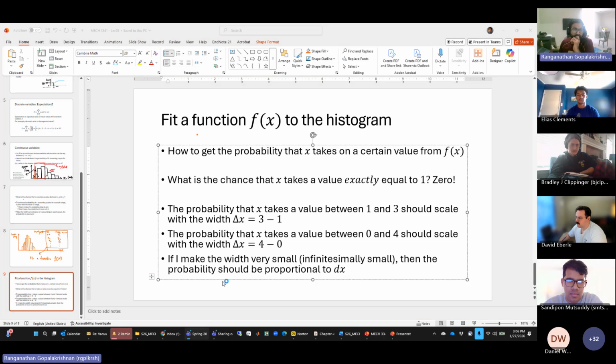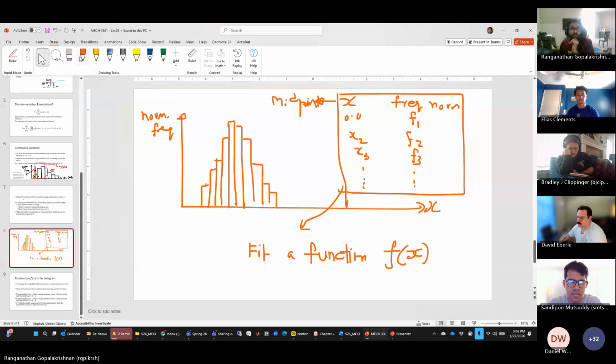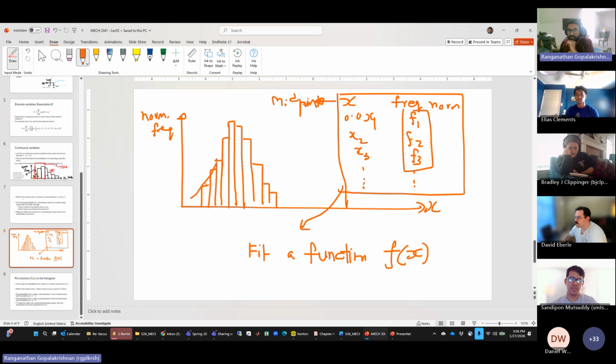Okay. So now, coming back to this histogram, I fit a function, right? Remember, what is a function? It's basically a replacement of the data. It's like saying I have a curve that passes through all these points, or roughly these points, and can replace this data set. So I can draw a curve which sort of replaces the data set.